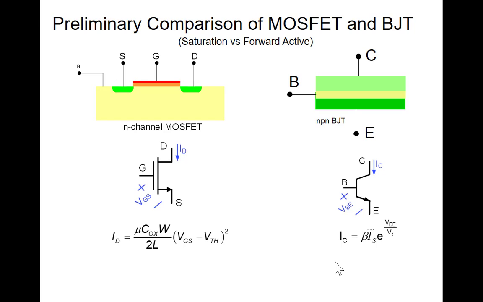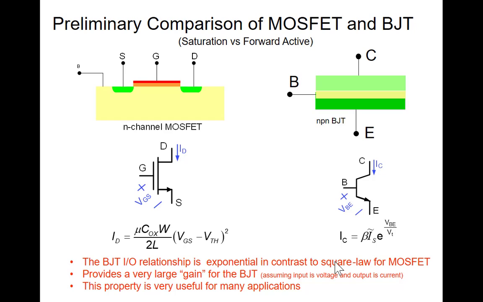So here's our two models, in the saturation region for the MOS device and the forward active region for the bipolar device: the exponential equation and the square law equation. If you look at the gain as the relationship between the current and the corresponding controlling port voltage, the voltage either from gate to source or from base to emitter, the gain is much higher for a bipolar device because there's an exponential relationship rather than a square law relationship between the controlling variables.